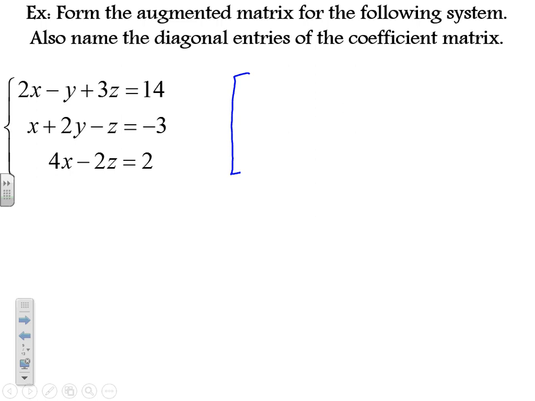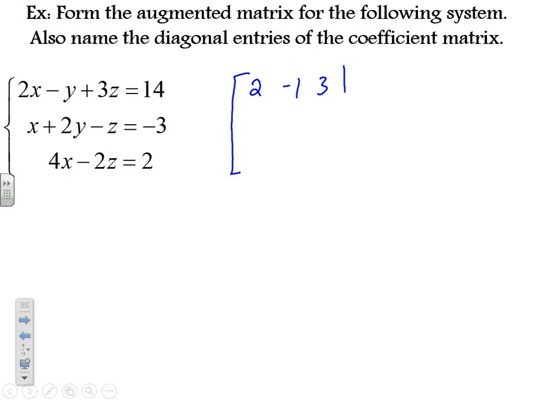Now, the first row of the matrix corresponds with the first equation of the system. Since we write them in order of x, y, and z, the coefficient of x is a positive 2, the coefficient of y is a negative 1, and the coefficient of z is a positive 3.